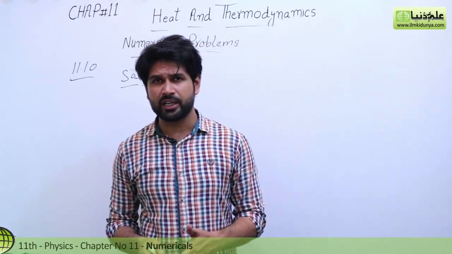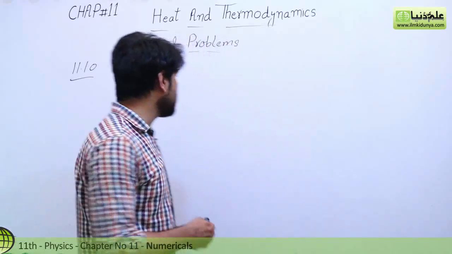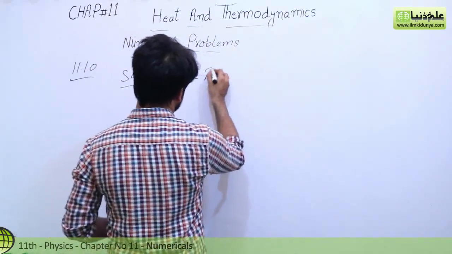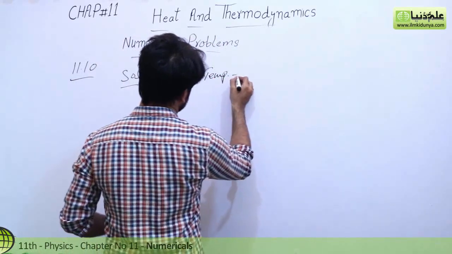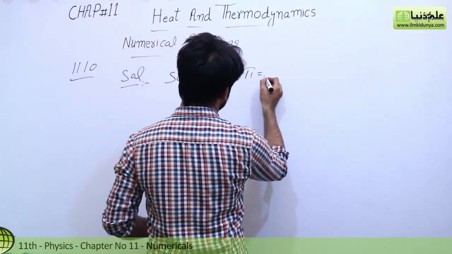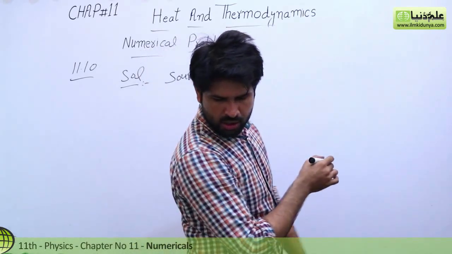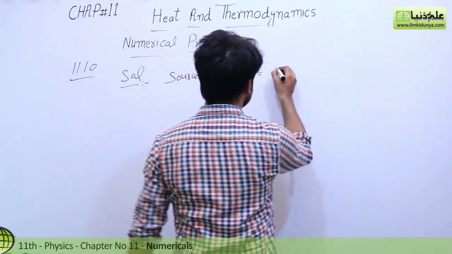It is quite an easy numerical problem. Here we have the given data: the source temperature, which can be denoted as T1, which is 450 Kelvin.